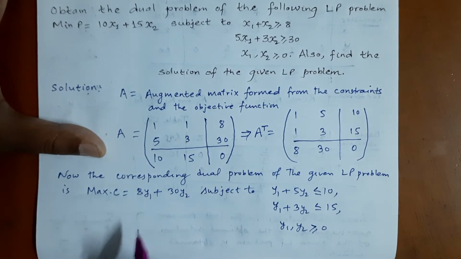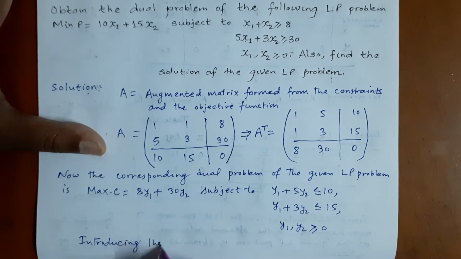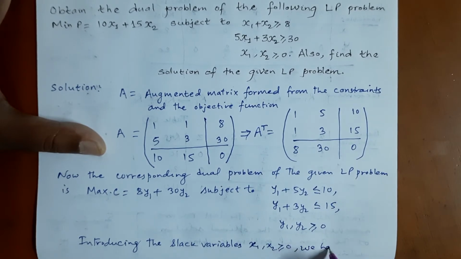Now introducing the slack variables, x1, x2 bigger or equals to 0, we have.